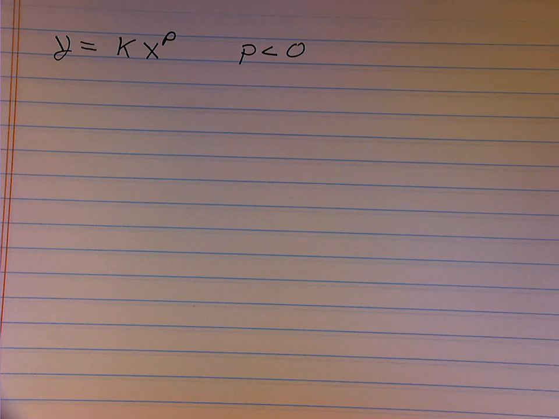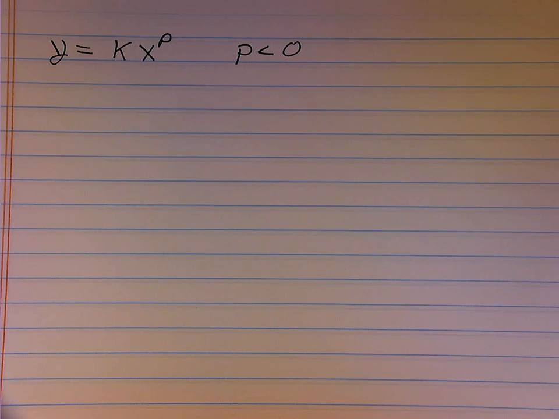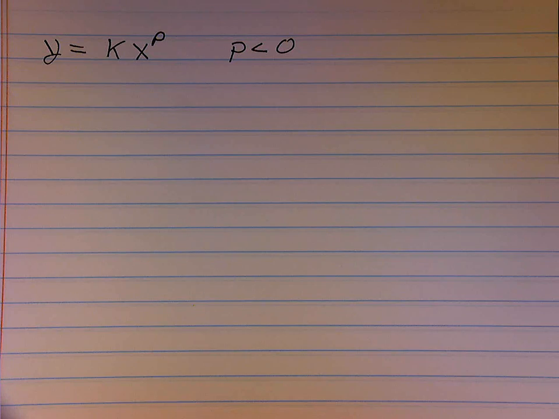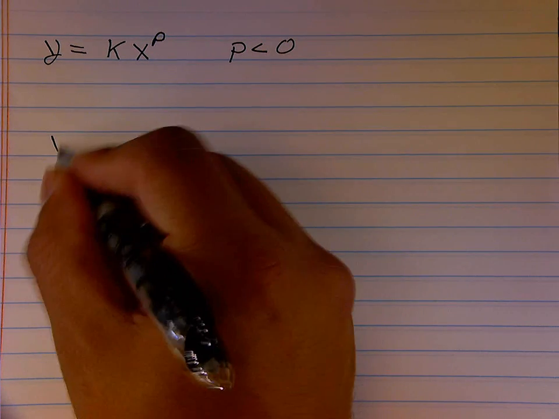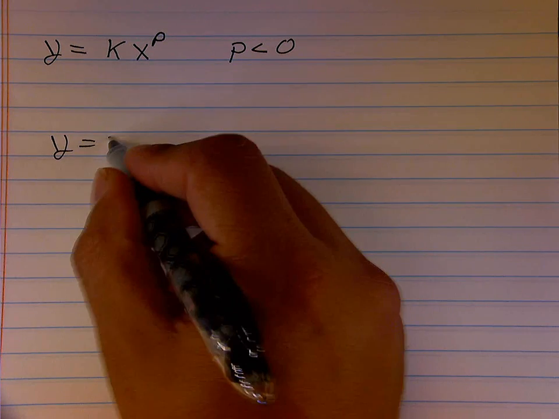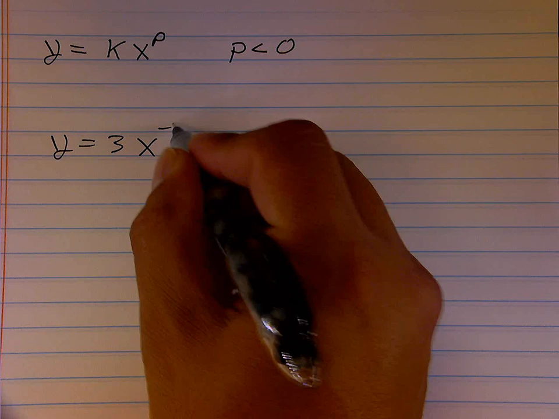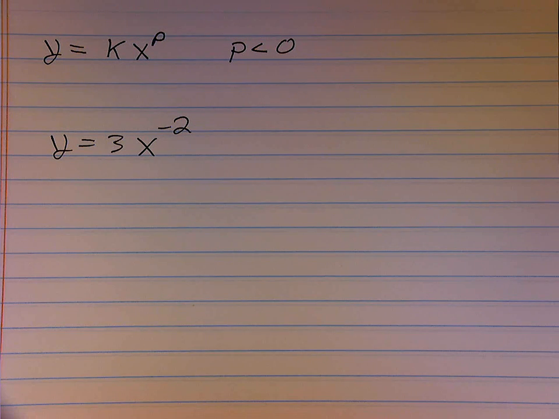It can be written with a negative exponent. For instance, y equals 3x to the negative 2. If it is written this way, I can state that y is inversely proportional to x squared.